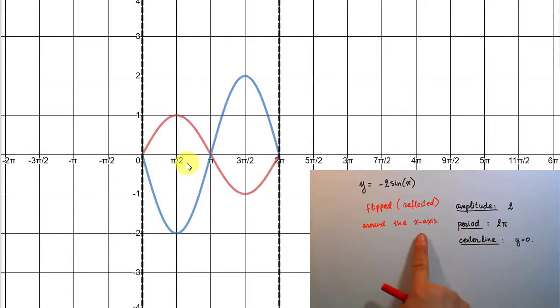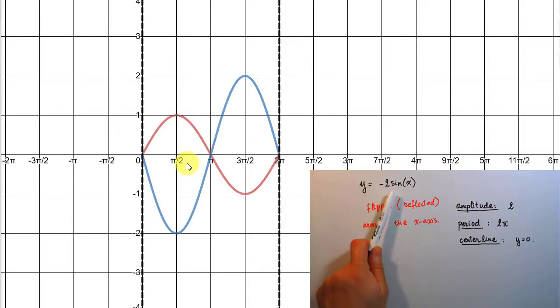And keep in mind the x-axis in our problem here for now is the center line, or the line y equals 0. So that's one additional note we made when our coefficient in front of the trig function is a negative number.